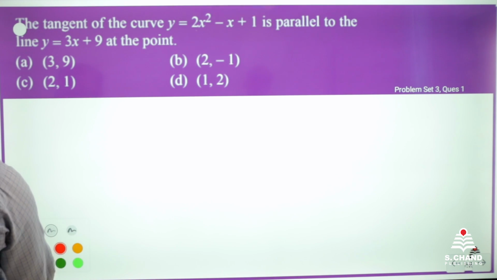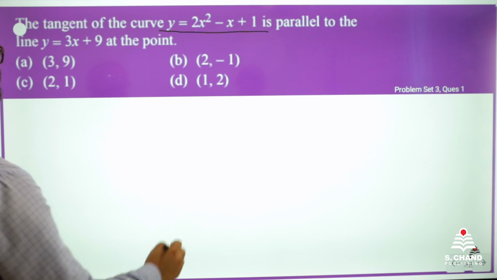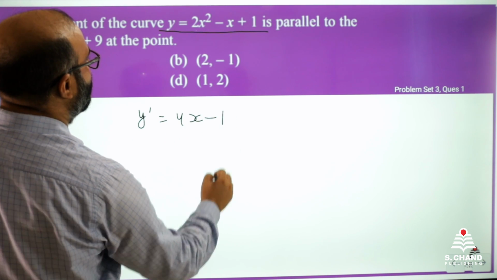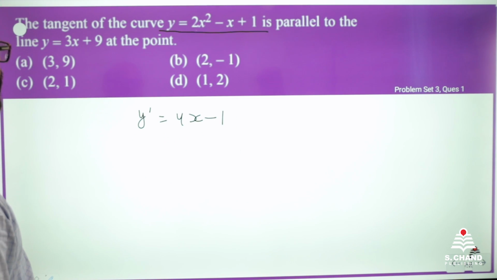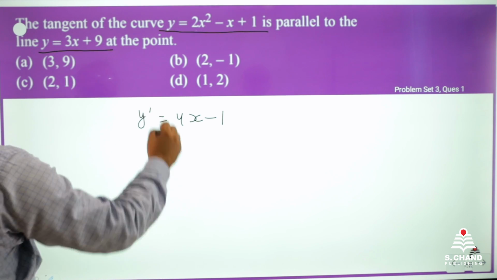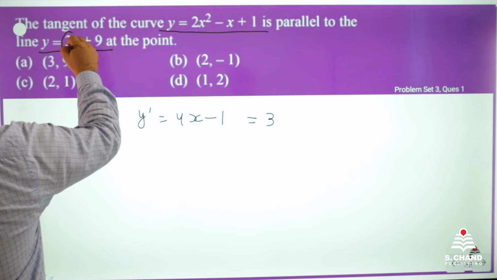The question says here that the tangent of the curve, this one, so y dash is equal to 4x minus 1 is the slope of the tangent, and it is parallel to the line y is equal to 3x plus 9. So the slope will be equal to 3, as the slope of this line is 3.